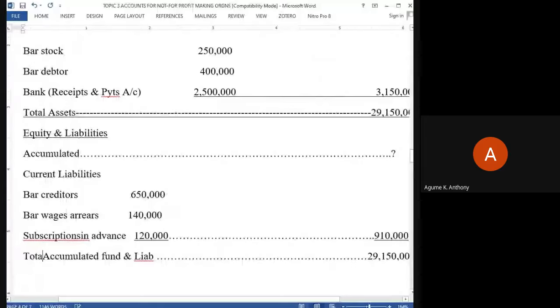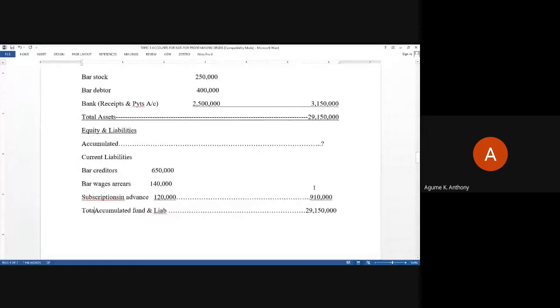So what does it imply? That the difference is my balancing figure. So if I get the missing figure here, I'm going to get 29,150,000 minus 910. So my balancing figure in this case would be 28,240,000.